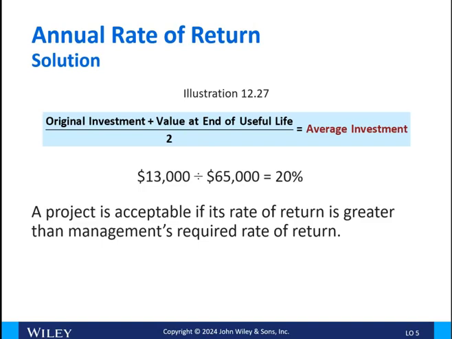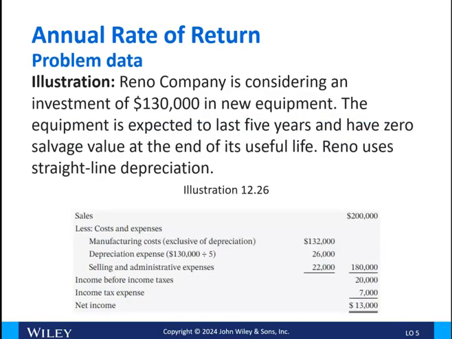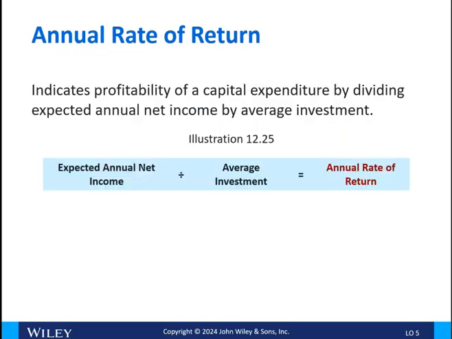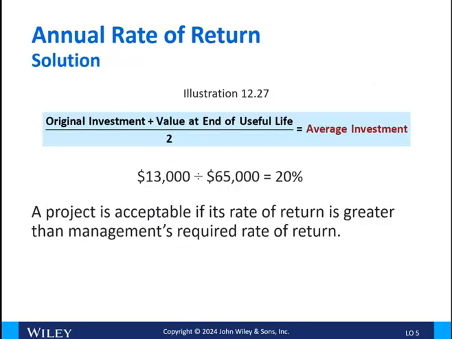So we take our annual expected net income divided by average investment, that is the formula. So we take our net income of 13,000 divided by 65,000. 20% is our annual rate of return. A project is acceptable if its rate of return is greater than management's required rate of return.